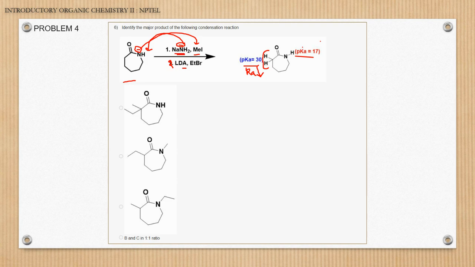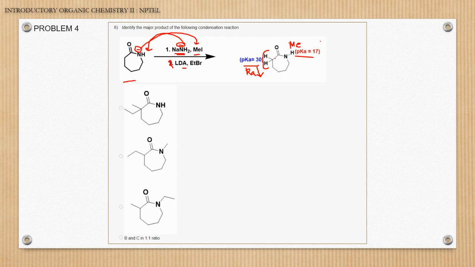to give you NMe. So here Me will get substituted in our case, right? Now in the second step, they have added LDA and ethyl bromide. So now what will happen? Which protons are abstracted, guys?